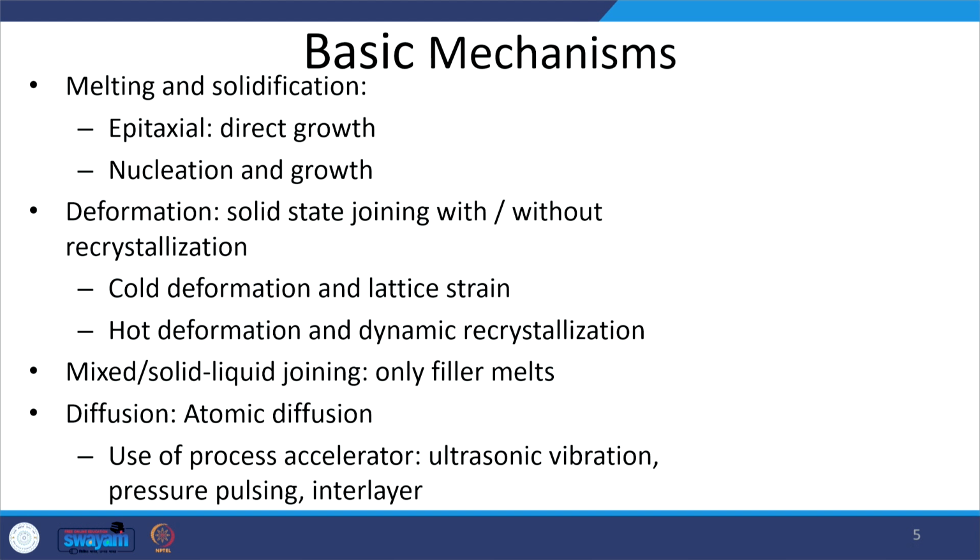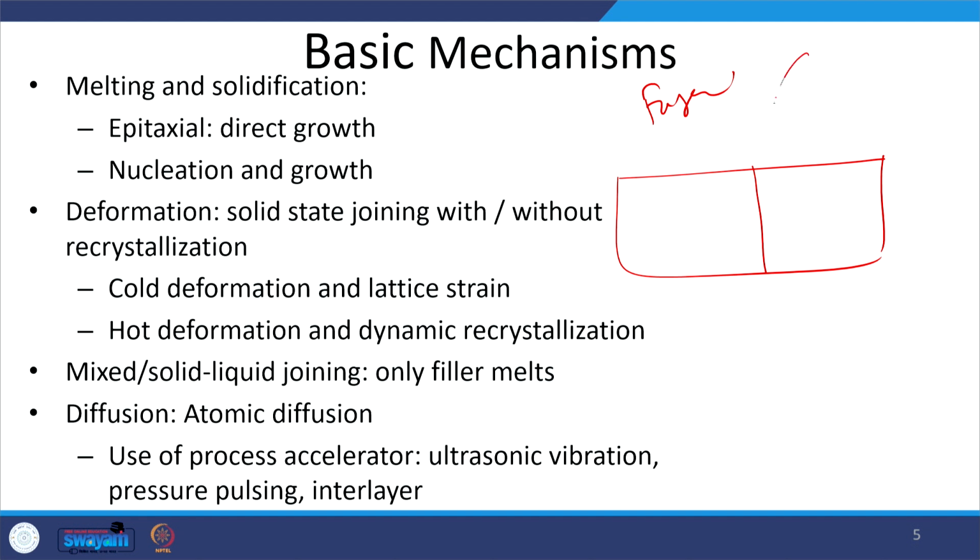As far as the basic mechanisms are concerned, in the case of fusion welding, when the edges of the components are brought to the molten condition, and if we do not use any filler, the edges are just brought to the molten state and then allowed to solidify. Then partially melted grains act as nucleants, and the growth of those new grains directly starts by consuming the molten metal.